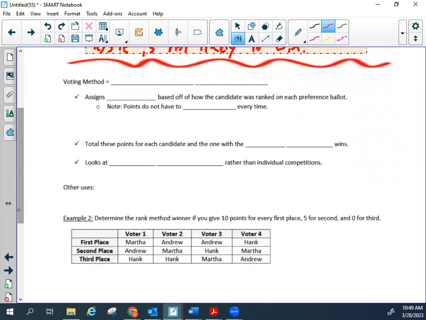Voting method number 2 of this video is the rank method. This assigns points based off how the candidate was ranked on each preference ballot. Note, points do not have to decrease every time, and we'll see an example of that in a minute.